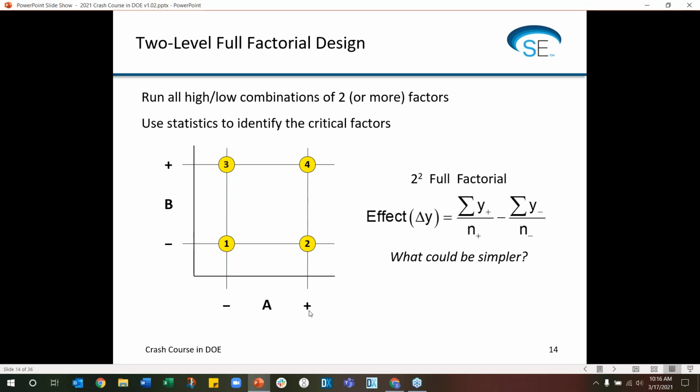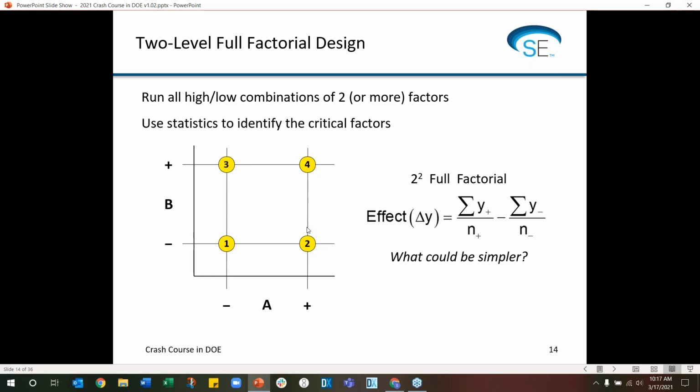For the design, we run all combinations of the 2, 3, or 4 factors. So with just 2 factors, it looks like this, where you have the low A level combined with the low B, and then you have the high A combined with the low B, and then you go back to a low A and combine it with the high B, and you do the high A and high B. So all possible combinations.